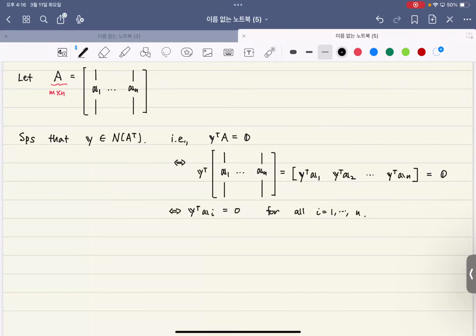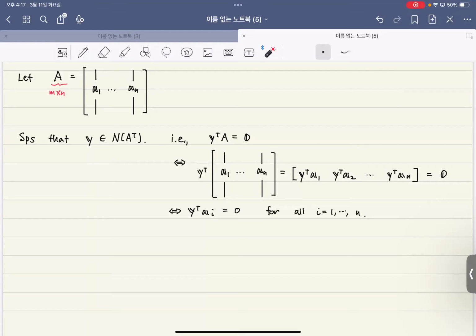This is a very interesting result, at least to me. Why is it so interesting? Because if you choose any random vector from the left null space, and you remember that these columns are the spanning vectors of the column space, since linear combinations of them span the entire column space C(A), and y has zero inner product with each of these spanning vectors, then the only possible explanation is that the vector y is orthogonal not to a single vector Ai, but to the entire subspace C(A).